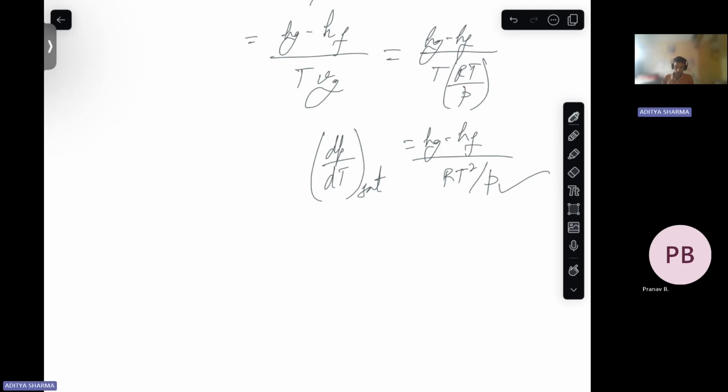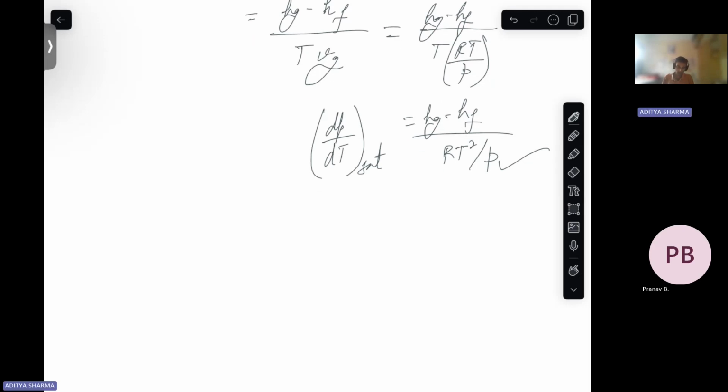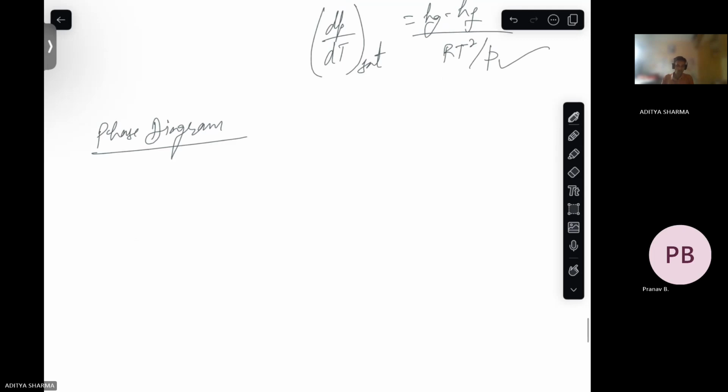Okay. Then we have the phase diagram. It is something like this.